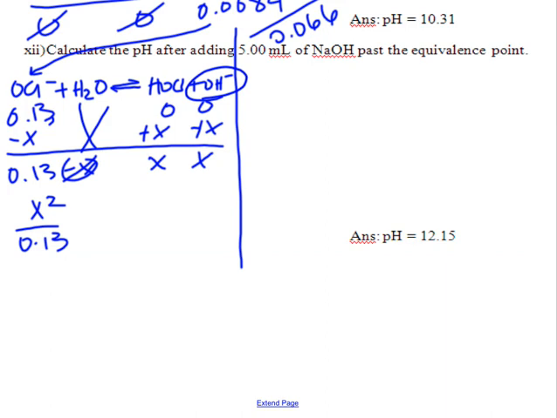A base. Remember, anytime we have a hydrolysis problem, we have to convert Ka to Kb or vice versa. So we're going to have to take our Ka and divide it into that Kw.